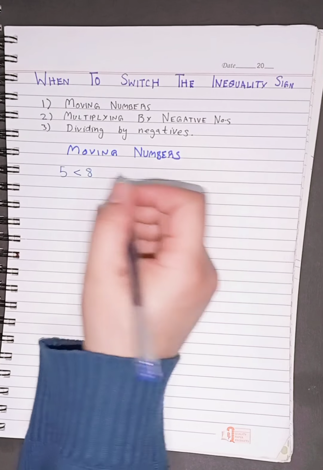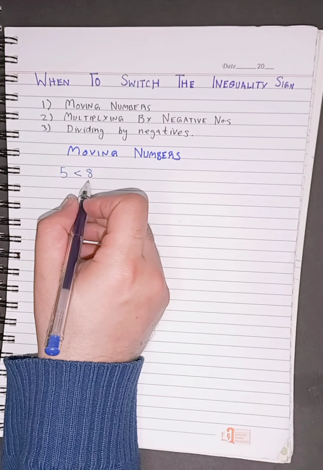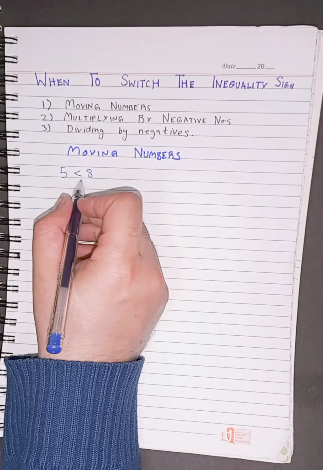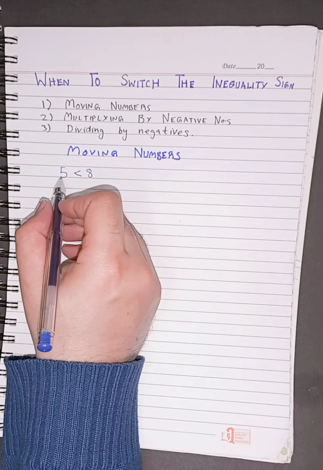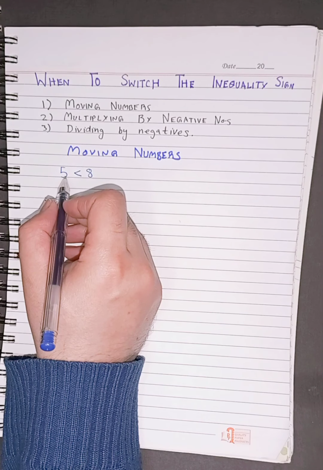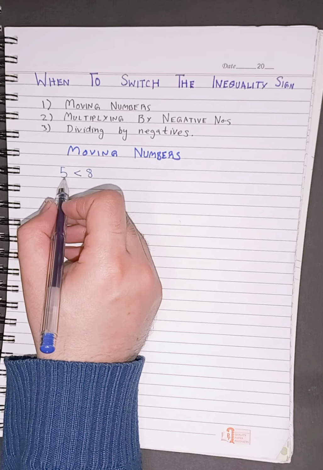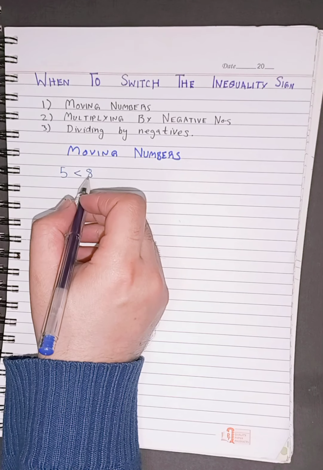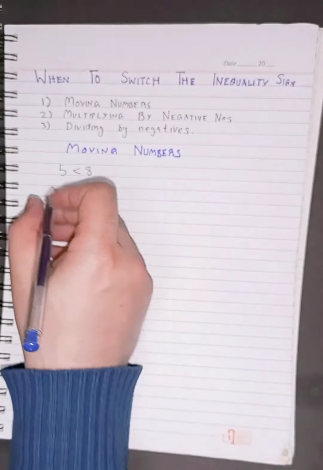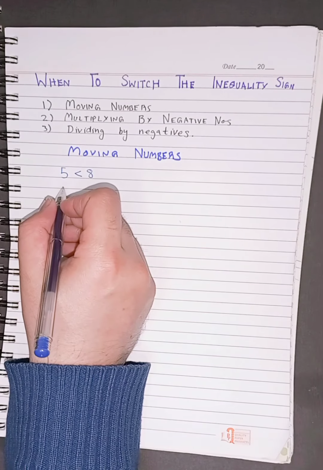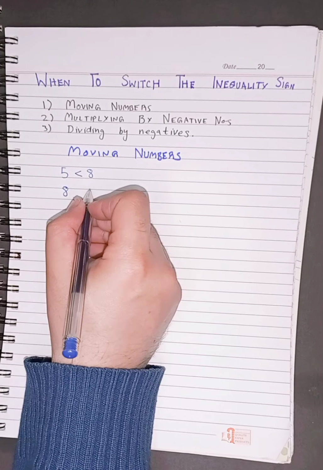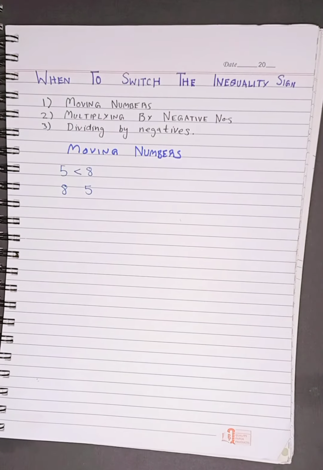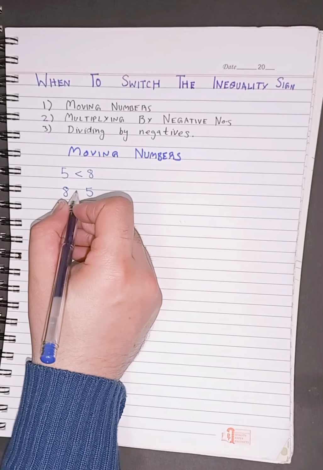If you want to change the position of these numbers, the left hand side, that is 5, you want to shift towards the right hand side, and the right hand side, the number 8, towards the left hand side. So you want to write it like that: 8 and 5. So basically you have reversed the positions. Now the sign will also be reversed.